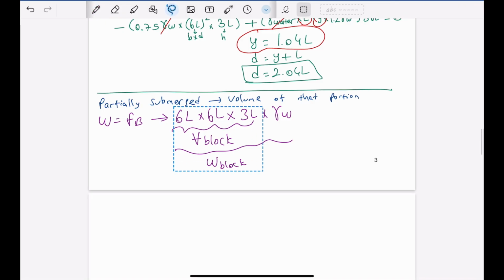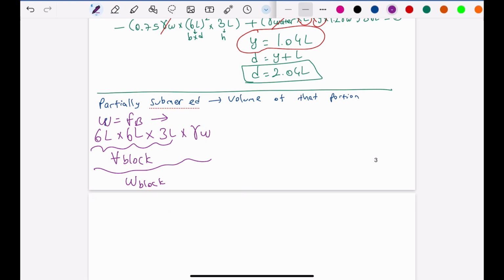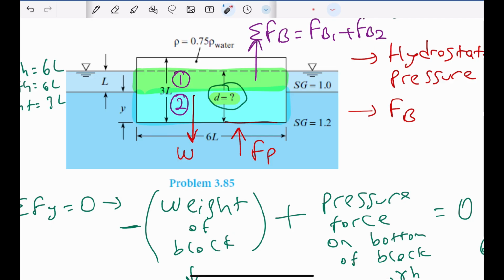Actually, let me write this here. And this is going to be equal to buoyancy force of first block. Let's see what we have.